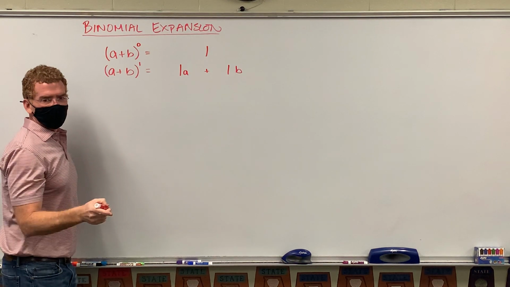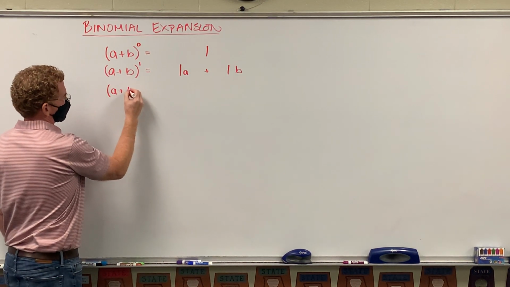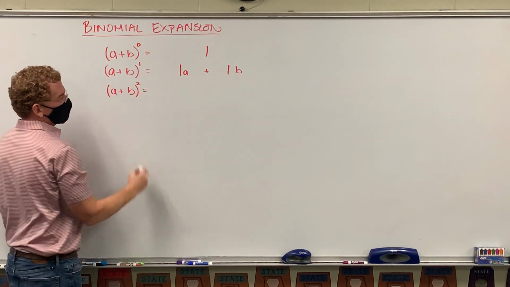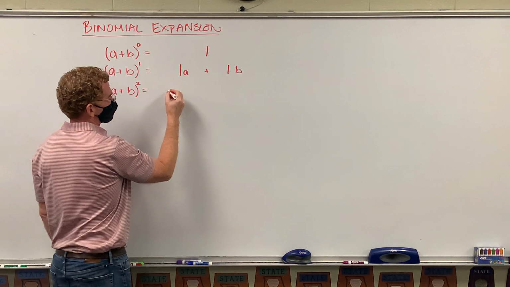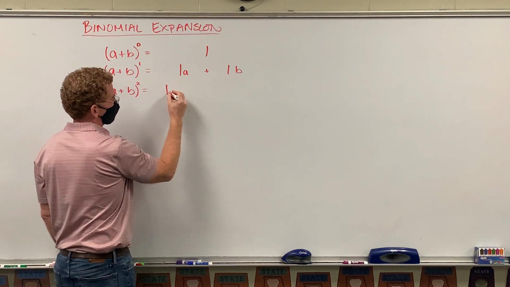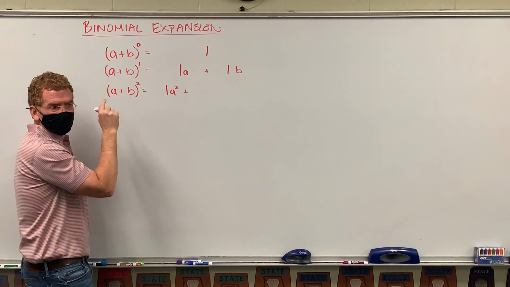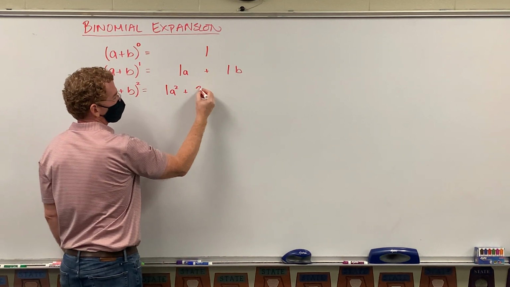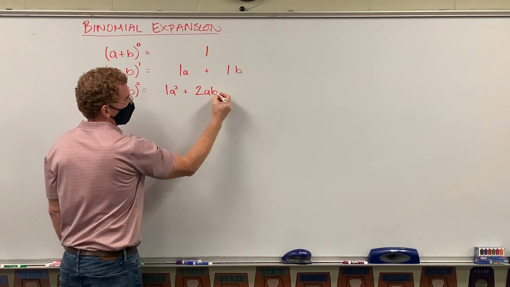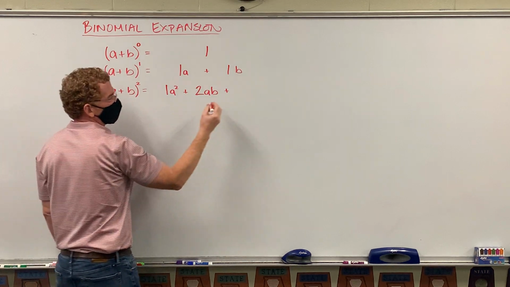And we probably know, although a couple of you made careless errors on this, that if I raise something to the second power, a shortcut would be to square the first term, which gives me a squared, or 1a squared, to multiply the a and the b together, and then to double it. That gives me 2ab. And then to finish off by squaring the last term, which gives me 1b squared.